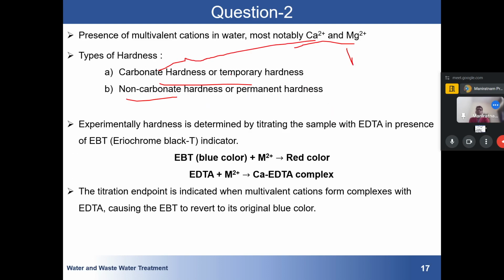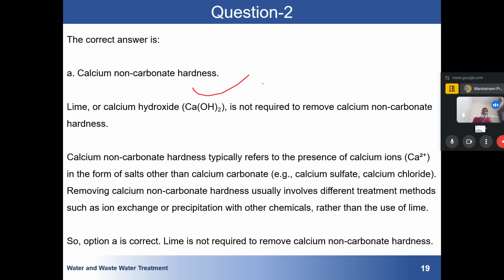a temporary hardness, and this temporary hardness can be removed by simple boiling. There is no need to add some kind of chemical. Okay, so that's why lime or carbonate hydrogen is not required, which refers to the presence of calcium and removing calcium in different treatments such as exchange or precipitate rather than this.